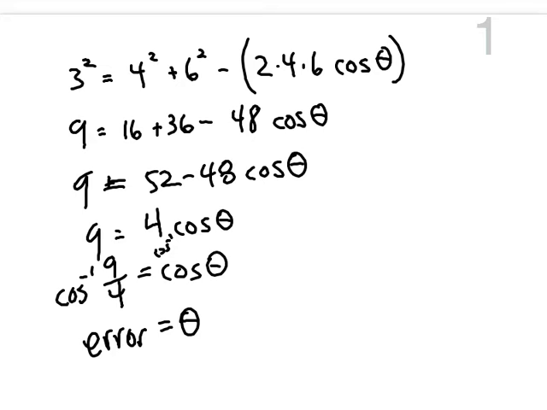By the way, I knew this was going to happen. Oh, okay. You did 52 minus 48, but it's 48 cosine of theta, so you have to subtract 52. Oh, 52, yeah. I made a mistake here, and this happens all the time.